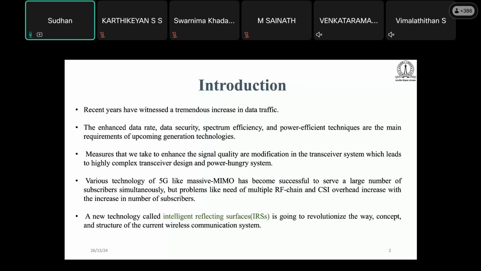For example, for 5G, we need a higher data rate, an enhanced data rate. We need massive industrial communication, and also we need low latency.